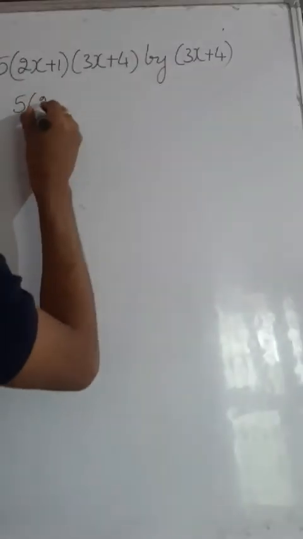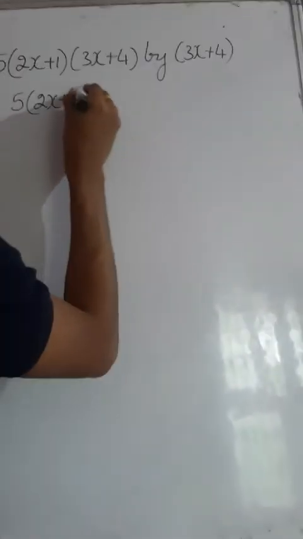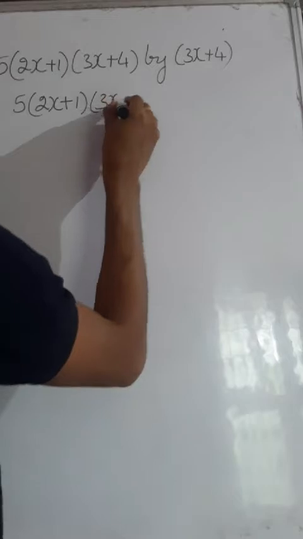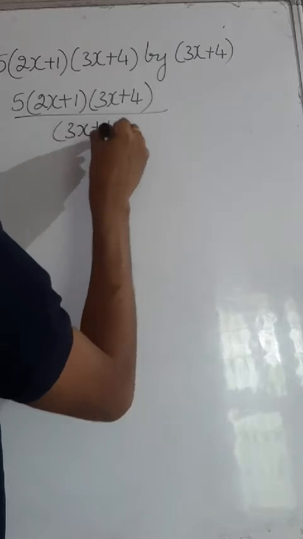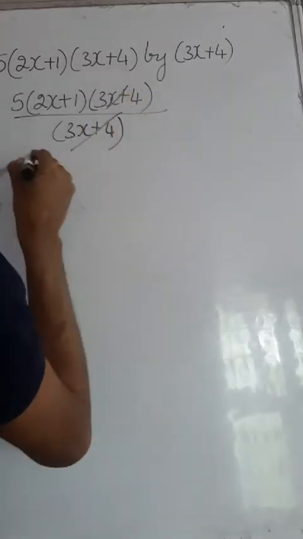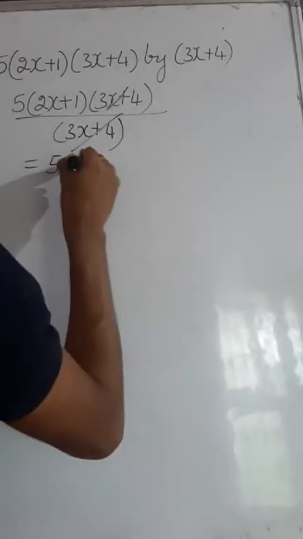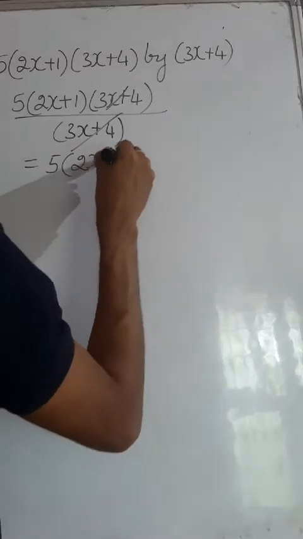Cancel 3x plus 4, and 5 of 2x plus 1 is the final answer. So simple, you can get the answer.